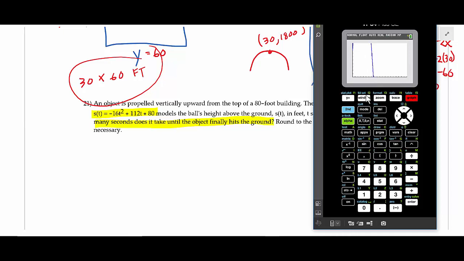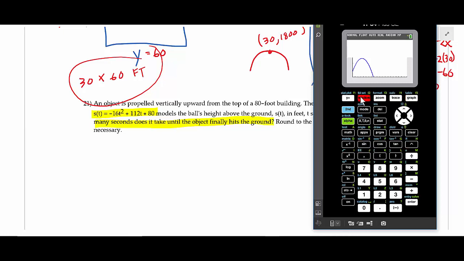I don't like that. I need to make it a little higher. So let's take that maybe up to 500. Okay, that looks like a good one to me.